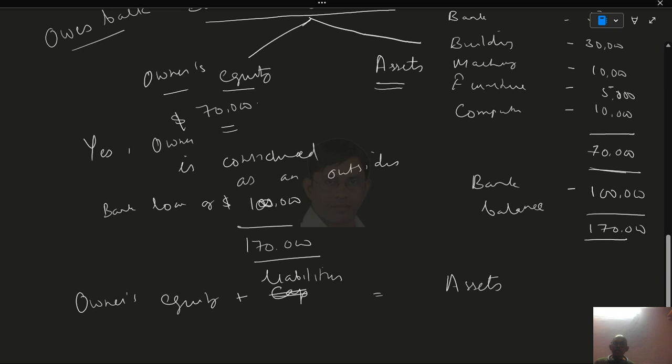So what are liabilities? Even owner's equity is also a liability, but it is an internal liability. Internal liability means it has to be paid to an insider, the owner. But a bank loan is owed to an outsider. You have to pay. So even this also you have to pay. So always assets are equal to owner's equity plus liabilities, and this is known as the accounting equation.